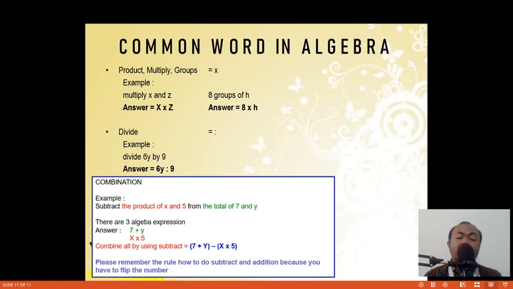Sometimes the question asks you to do the operation in a combination form. So not only plus or minus, but they ask you to combine in the form of product, divide, plus or minus. Example, subtract the product of x and 5 from the total of 7 and y.